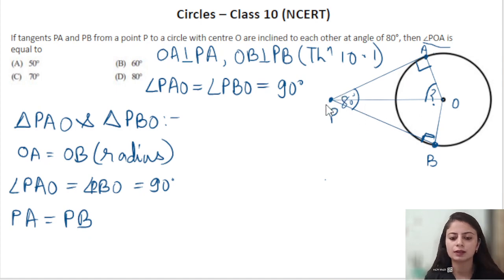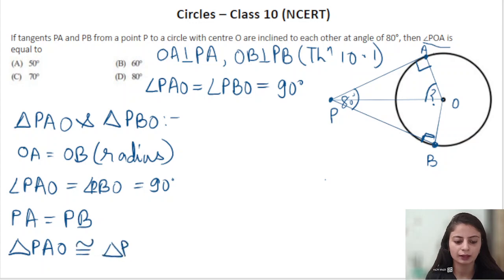Because the lengths of tangents drawn from an external point are equal in length. Therefore, PA is equal to PB. Therefore, these two triangles are congruent using SAS congruency. So, triangle PAO is congruent to triangle PBO using SAS congruency.